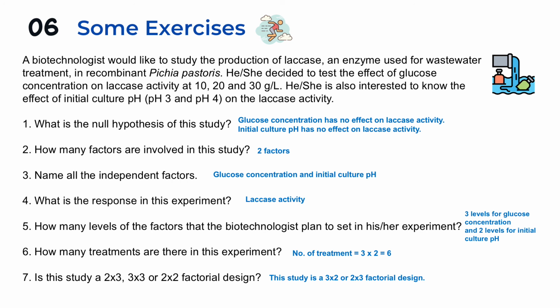But if we assume the culture pH as the first factor and the glucose concentration, which has 3 levels, as the second factor, then it will be a 2 times 3 factorial design. So that answers all the questions here.